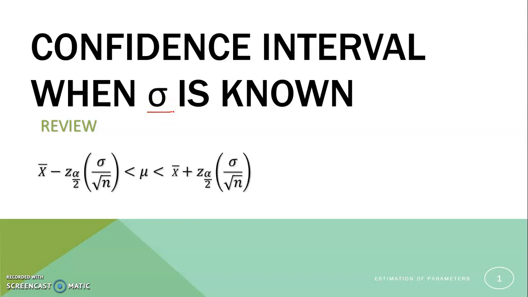Now, it is given by this formula that the estimation of our population mean, which is denoted by mu, is greater than the difference between the sample mean and the margin of error, and less than the sample mean plus the margin of error.